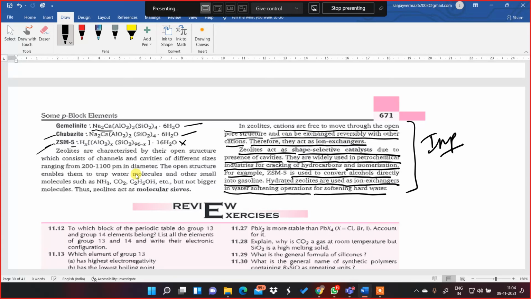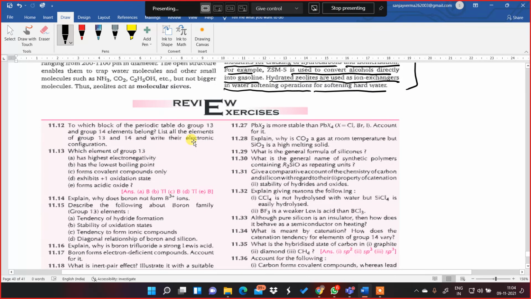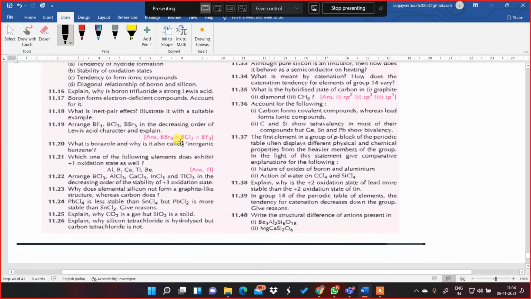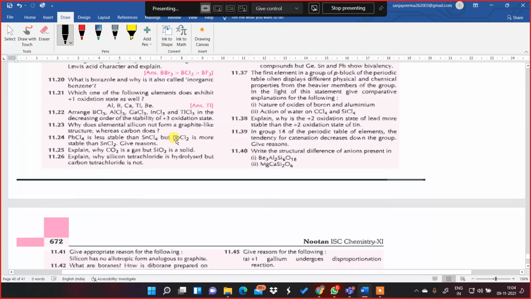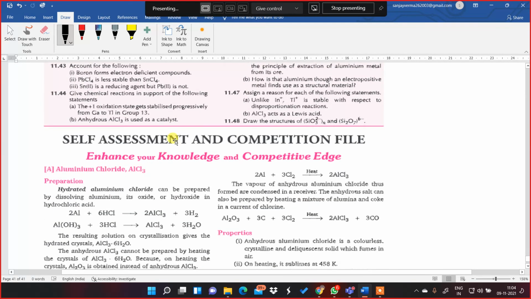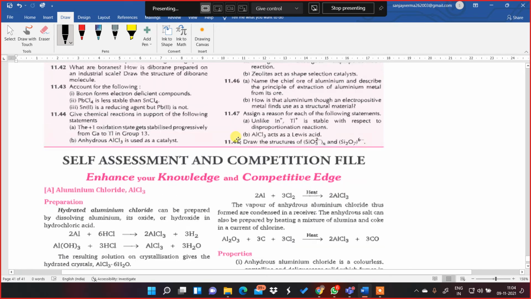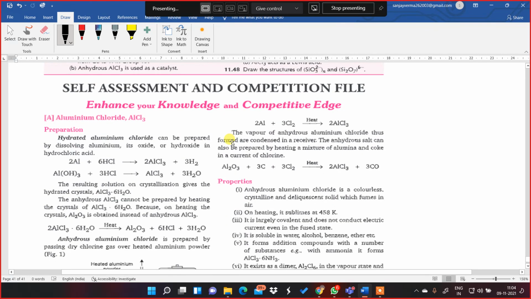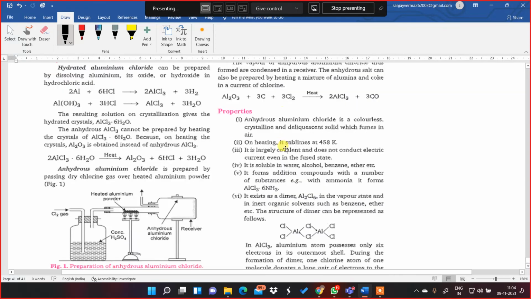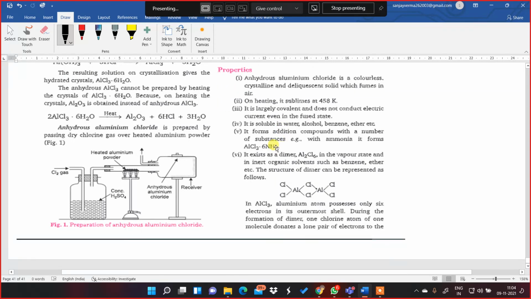Now this much is there from this chapter, and this chapter is over for today. Whatever I have gone through in this chapter, just go through that part only, and make sure you go through the self assessment and competition file from the textbook, page 672. This will help you in short, by strictly following the syllabus.